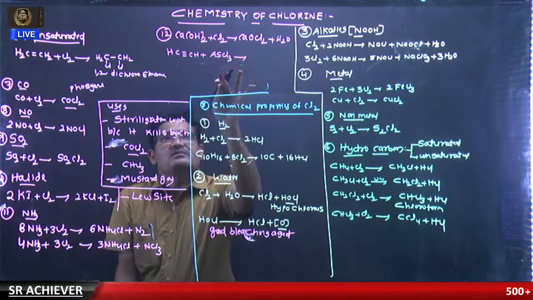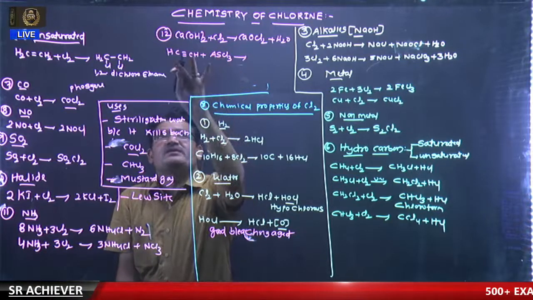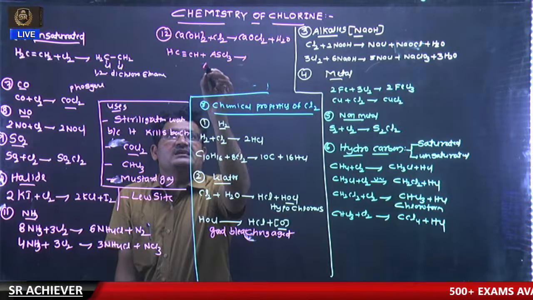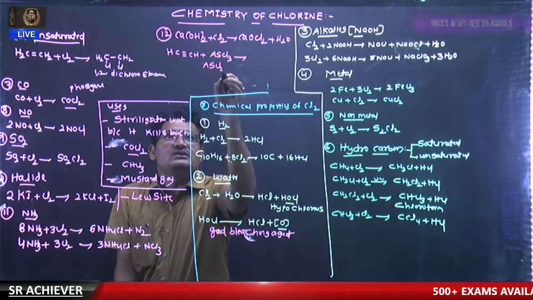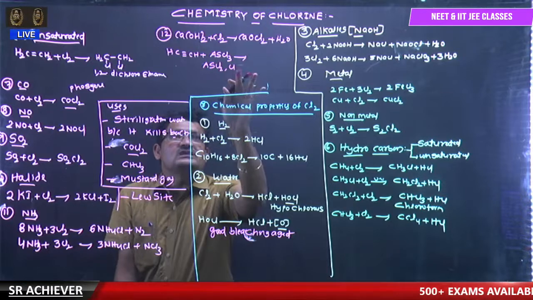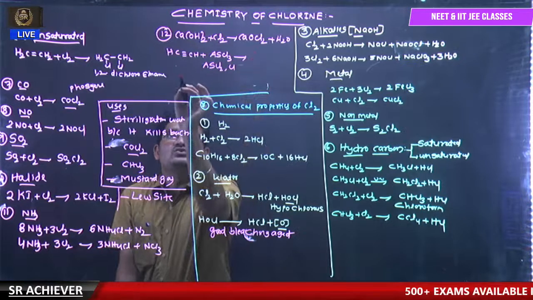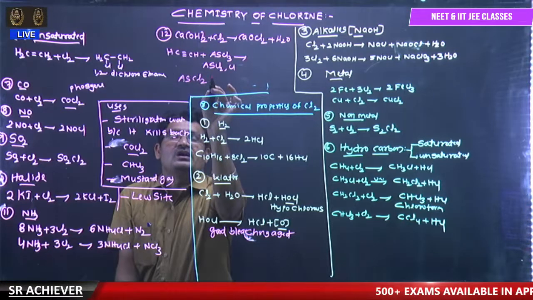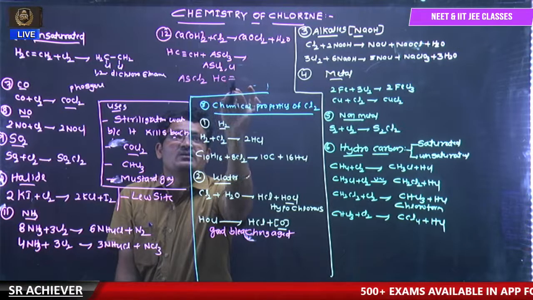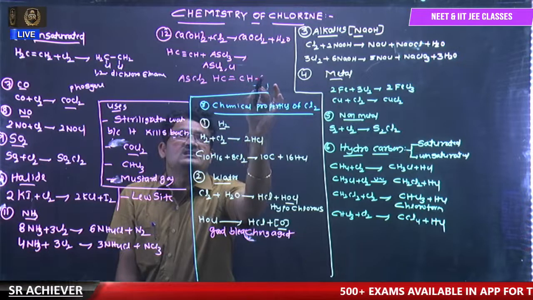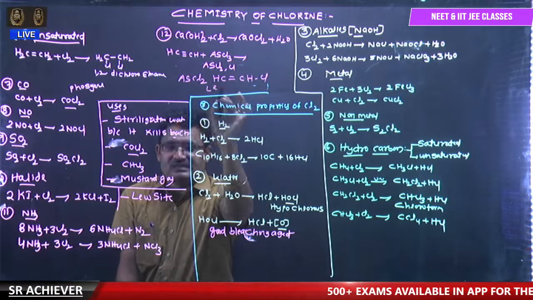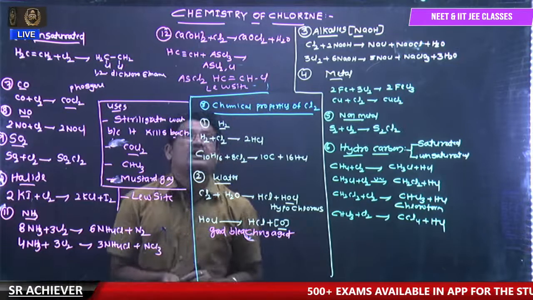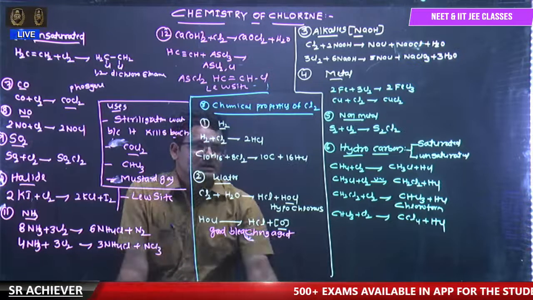The Cl minus migrates to one side and AsCl2 migrates to the other side. So the product is AsCl2-CH=CHCl. These are called Lewisite. So this is the complete chemistry of chlorine.